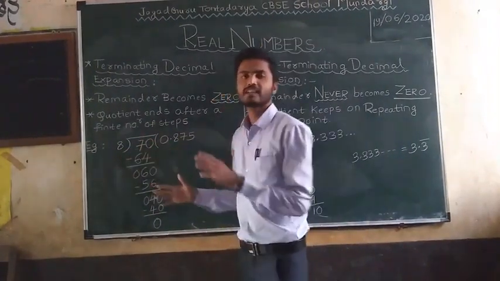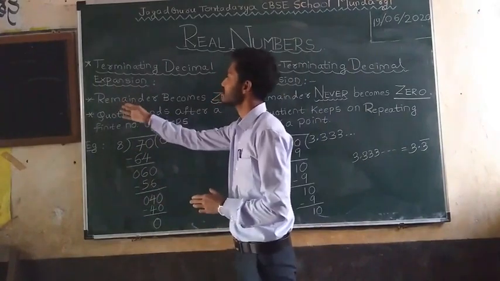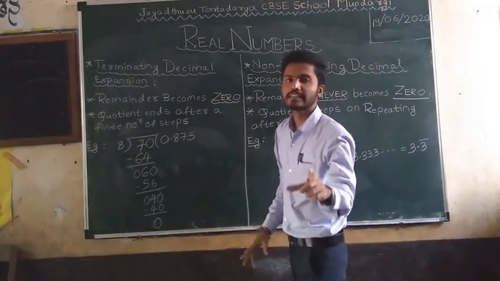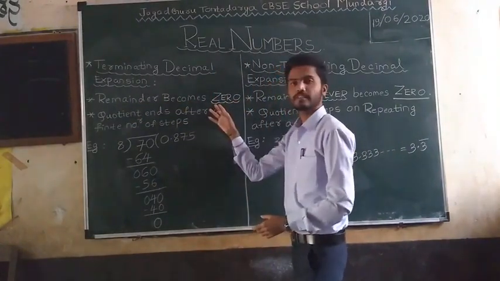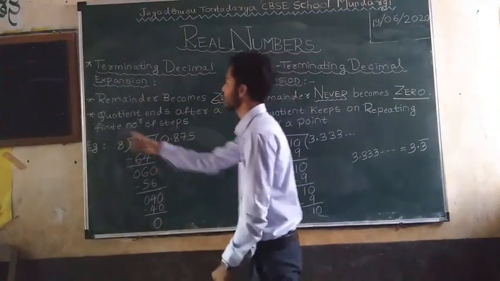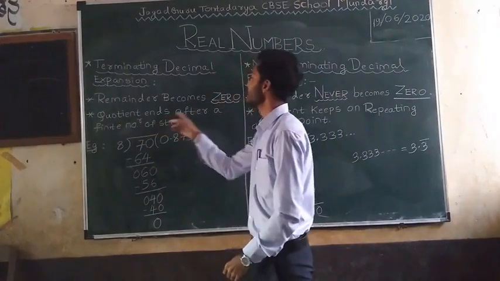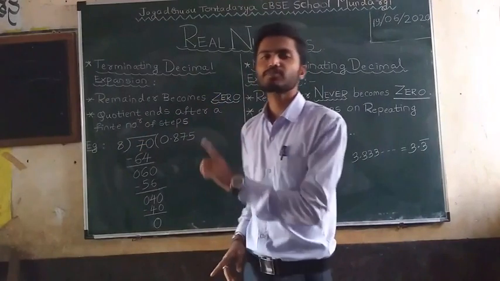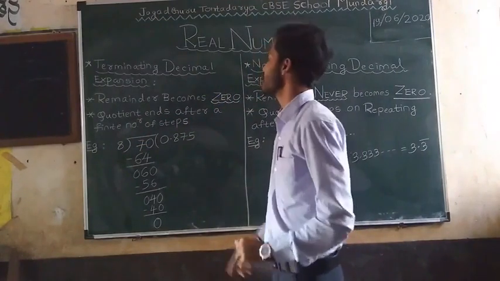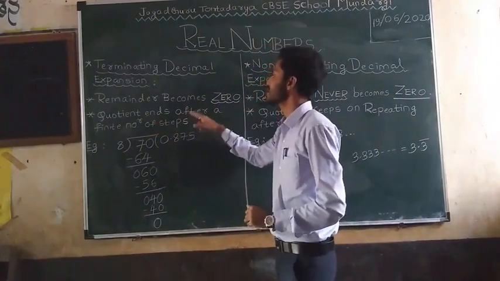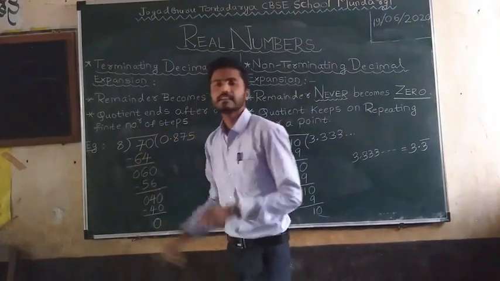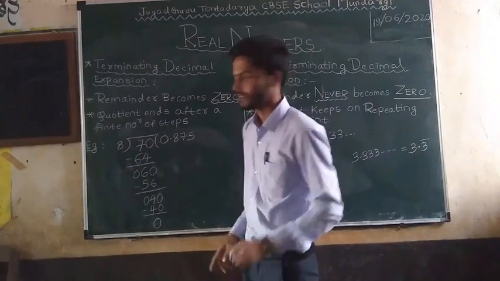In rational numbers, the remainder becomes 0, as well as the quotient ends after a finite number of steps. For example, consider 7 divided by 8.